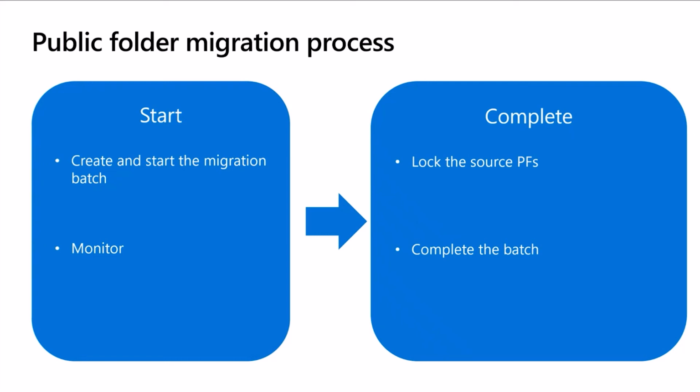Then you go for completion of the batch. During this stage, the data that was changed between the last incremental sync and locking of the public folders will be copied over to Exchange Online. Once the final data is copied over successfully, the migration batch goes into a completed stage, and public folders at Exchange Online are unlocked for end user access.